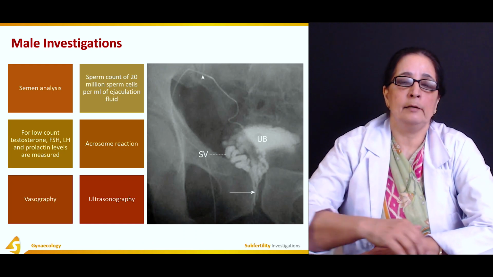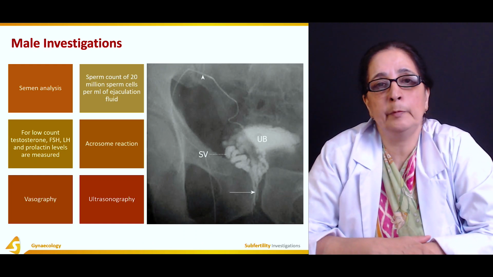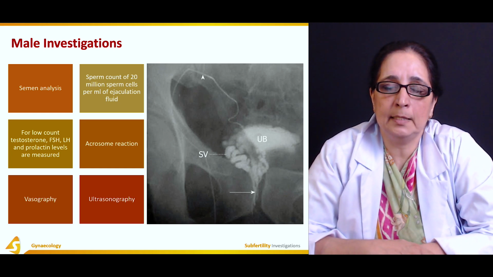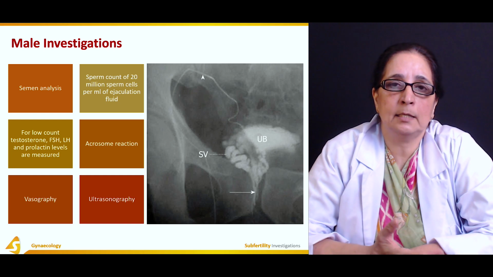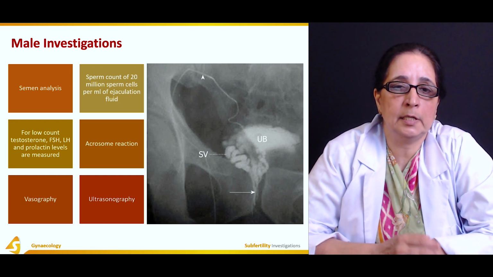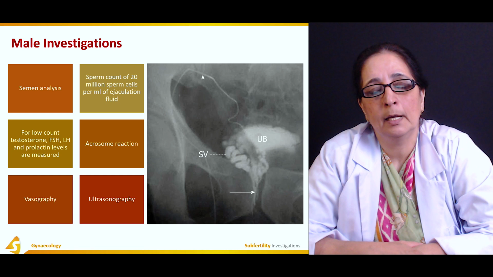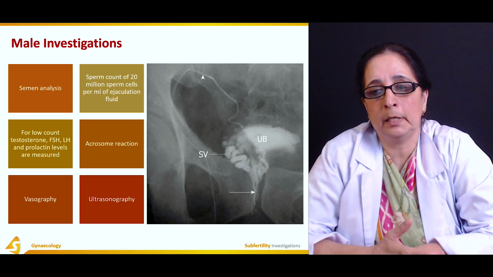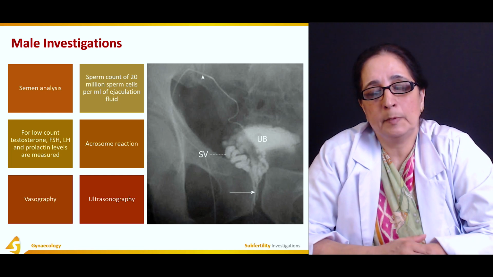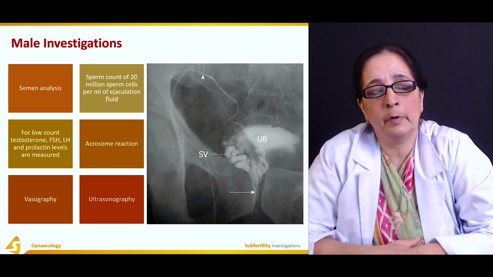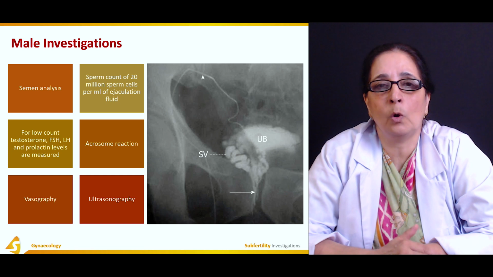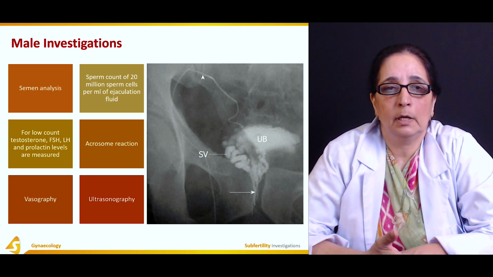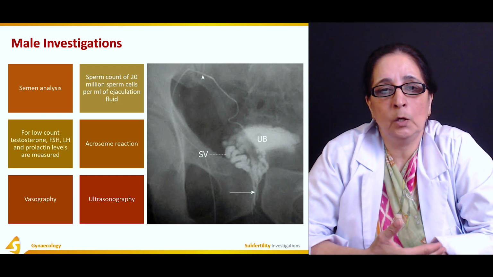Then some male investigations. Semen analysis is very common, done in every single case of infertility. The first test to be done is the semen analysis, in which the semen is analyzed for the sperm count, if sperms are normal in number, in quantity and quality, if they are healthy enough to fertilize the ova.